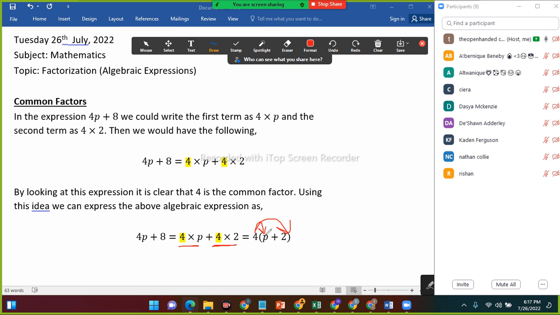And so 4P plus 8 actually equals 4 open bracket P plus 2. So that's how we can write this particular expression.